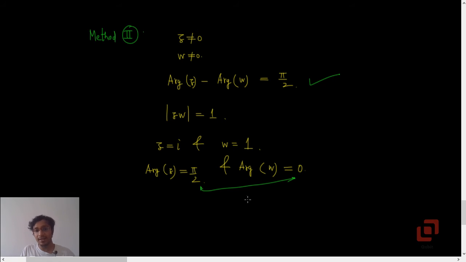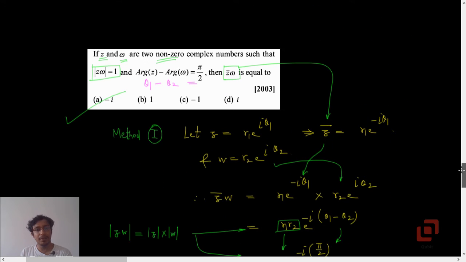Now what is Z into W? Z into W will be I into 1, which is I, and mod of Z into W must be mod of I, which is 1. So this pair of numbers Z and W also satisfies the second requirement.